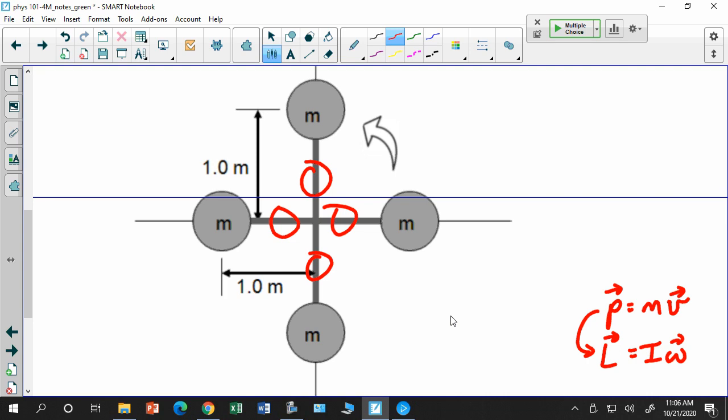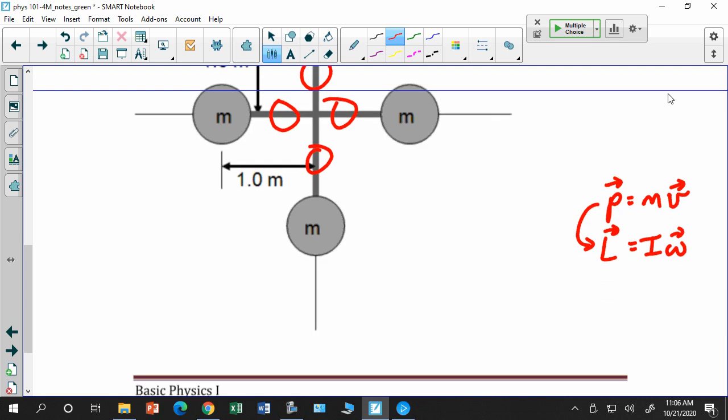So, in order to figure this out, I have to consider the initial angular momentum and set that equal to the final angular momentum. Because just like with linear momentum, angular momentum is also conserved. The initial angular momentum is going to be I initial, omega initial. The final will be I final, omega final.